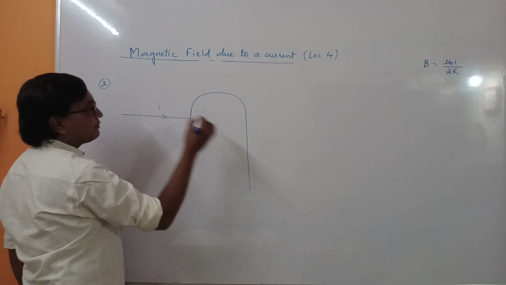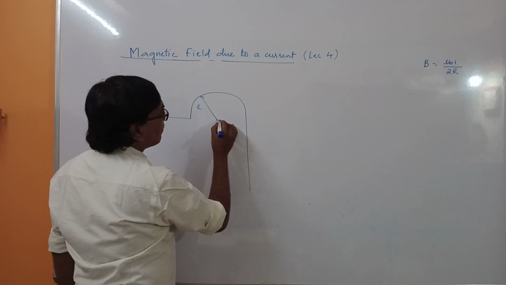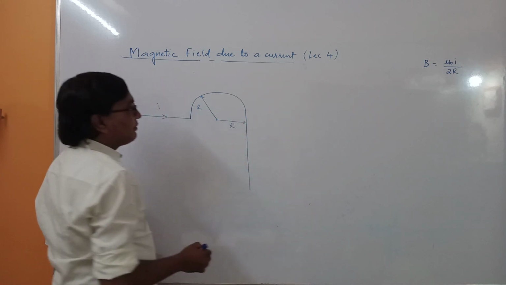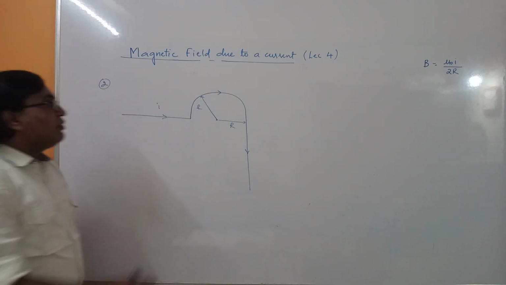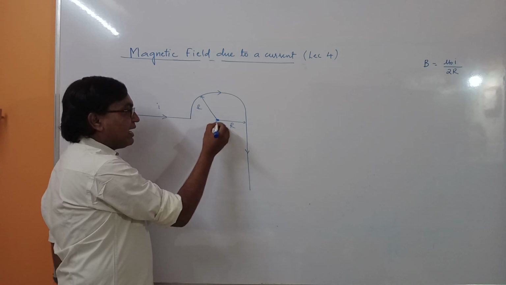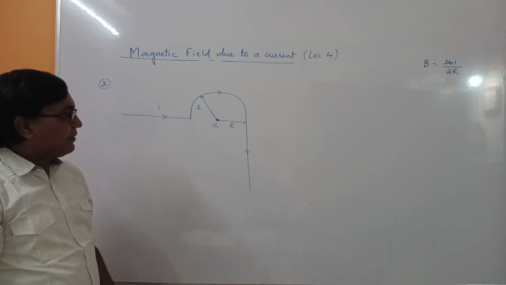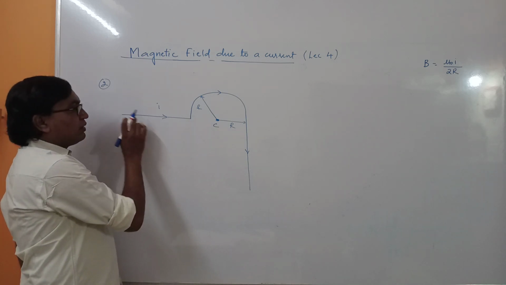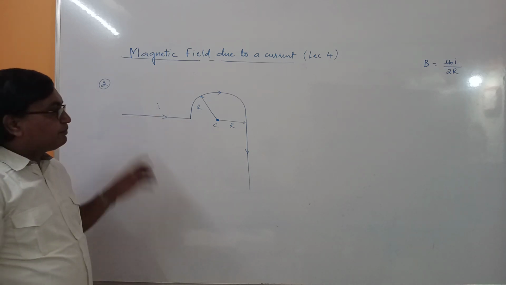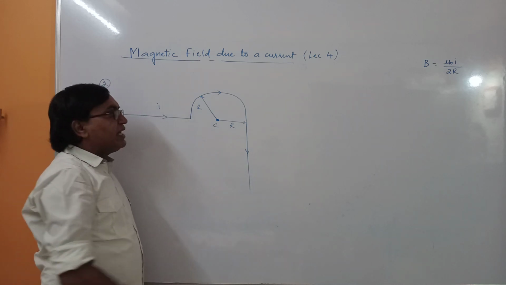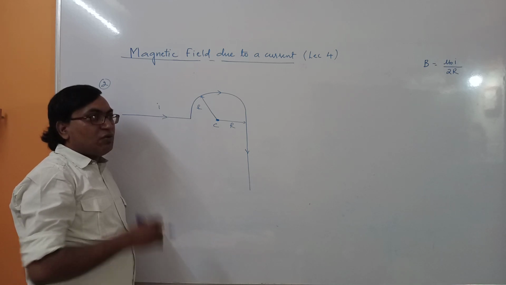The current is I, the radius is R. This is radius R. So current is moving like this. Now we want to find out the magnetic field at this point, point C. It is the center of this semicircular loop. Fine. So now again you have this part of the straight wire. So it is semi-infinite. Another straight wire, semi-infinite, and a half loop or semicircular loop.